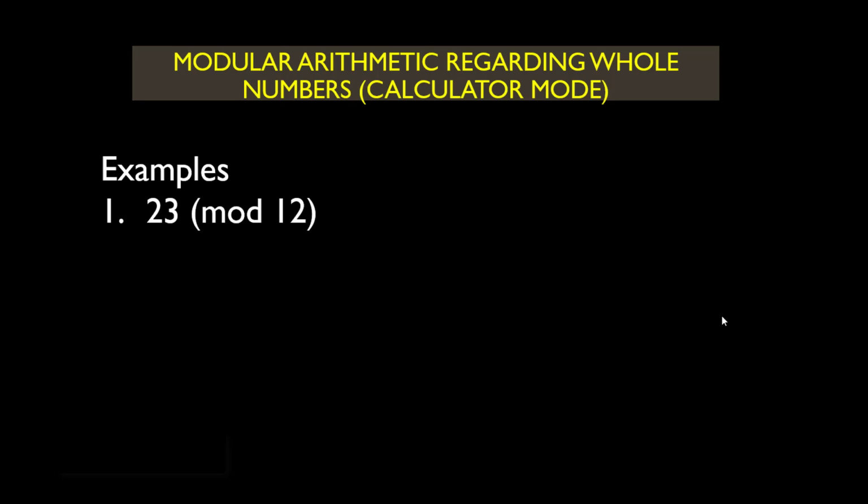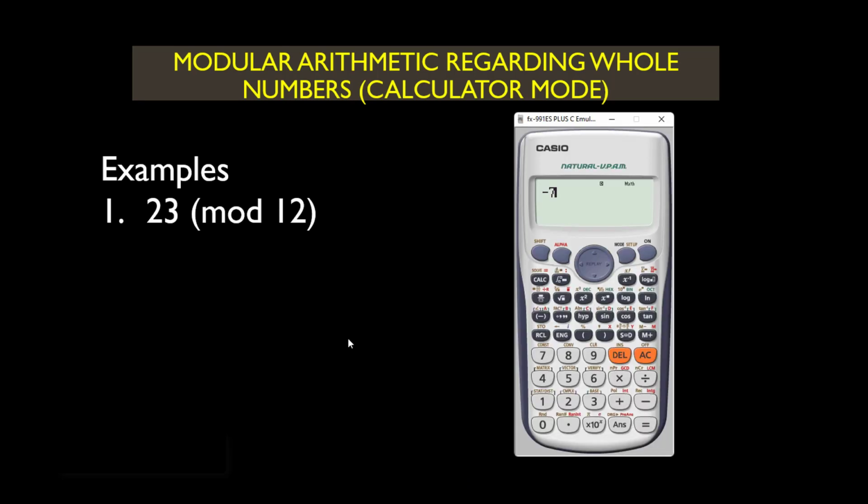So number 1, we have 23 mod 12. Let me introduce the calculator. Let me press the AC key to clear. The first step was you press the mode key, and then you select option 4, which is base n. And then to look for the answer, what do I type? 23 mod 12.